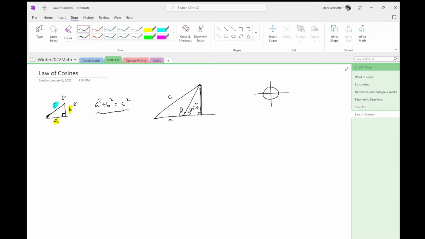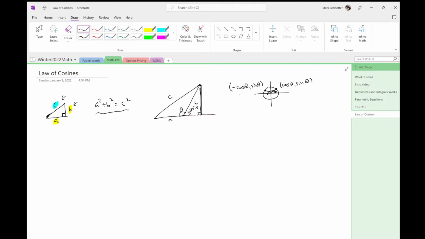If you look on your unit circle, with an angle theta, this point is cosine theta, sine theta. With an angle of 180 minus theta over here, you can see visually that this point is going to have the same y-coordinate, and the x-coordinate is going to have the same magnitude but opposite direction. So this point is negative cos theta, sine theta, even though that angle is 180 minus theta.